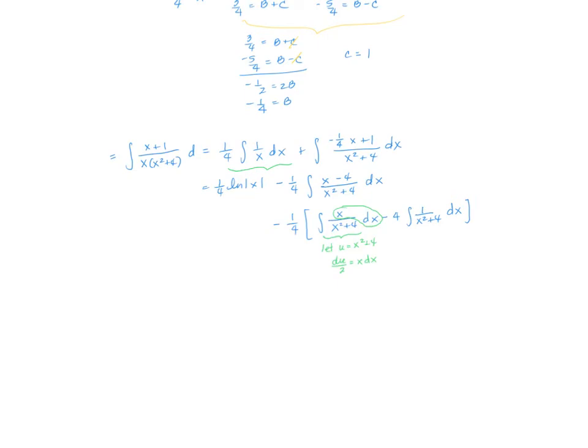I pull out the 1/2, which will give me the integral, 1/2 on the outside, 1 over u du, which is 1/2 natural log absolute value of u, but u was x squared plus 4.